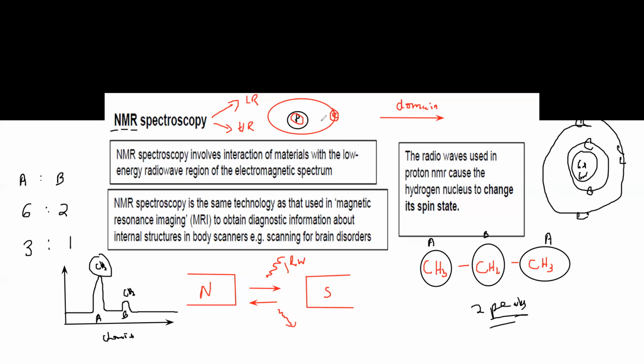But for hydrogen it is always magnetic, because you have only a proton and an electron, only two particles, so they are less likely to cancel out the effect of each other. Is it clear how to identify the number of hydrogen environments and how this technique works? Any doubt in this?